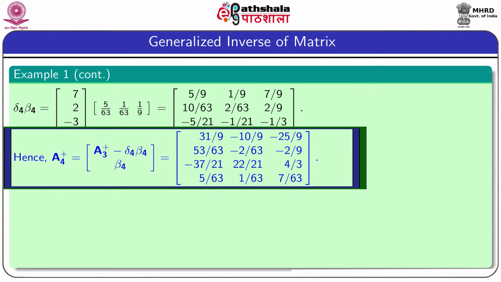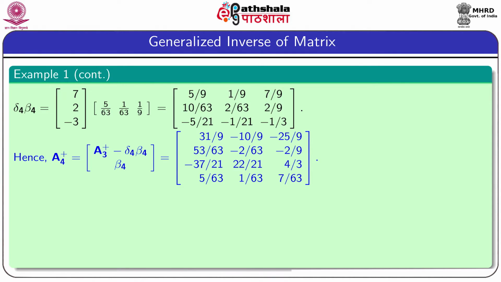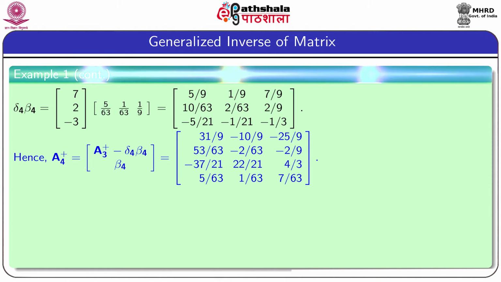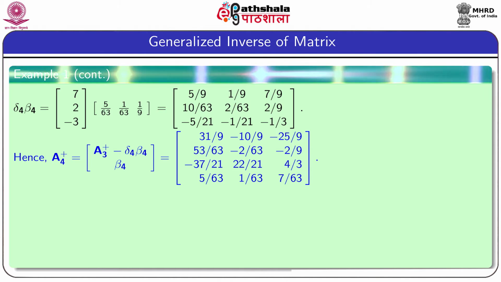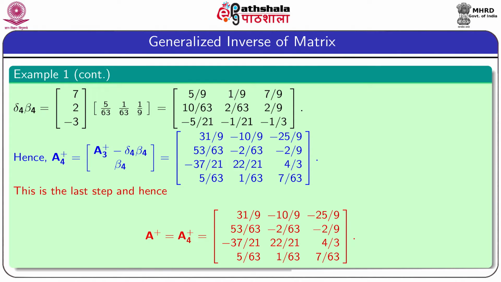Hence, we calculate A4 plus, that means the iterated Moore-Penrose inverse of the submatrix A4, which is equal to A3 plus minus delta 4 into beta 4, and the second row is beta 4. After substituting the values of all these elements, we obtain a matrix of order 4 by 3 whose first row is 31 by 9, minus 10 by 9, minus 25 by 9.